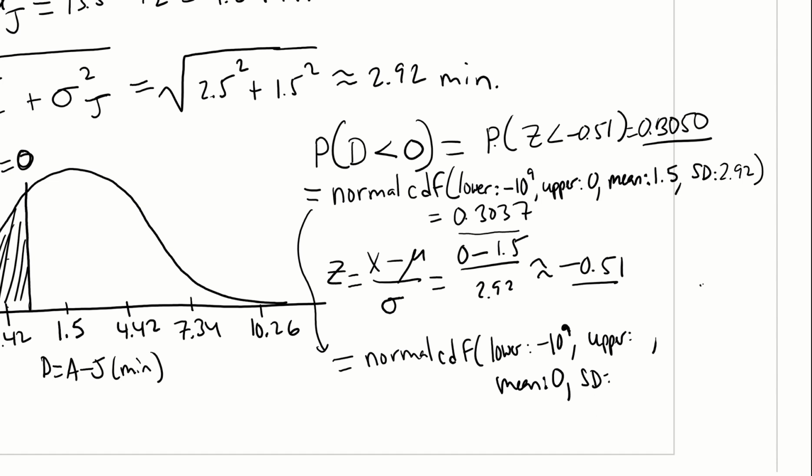The upper is going to be your z-score, which is negative 0.51. Then the mean is 0 and the standard deviation is 1. When you standardize it, the mean is always 0 and the standard deviation is 1.